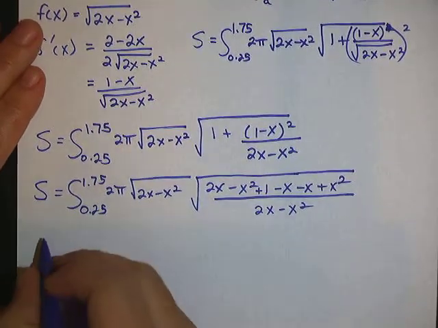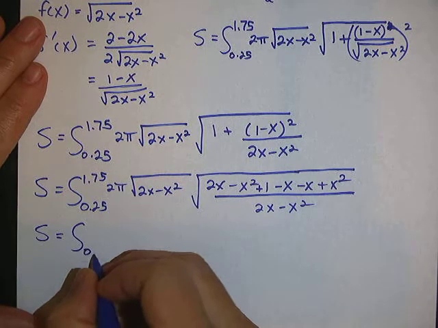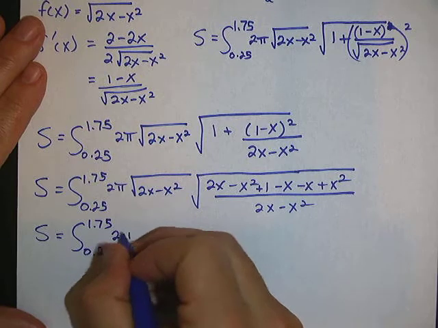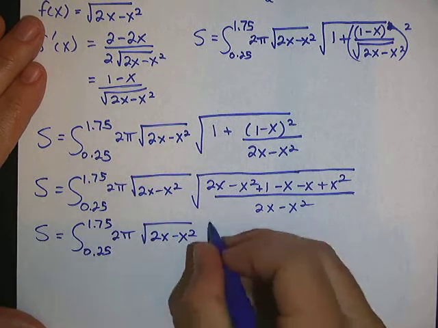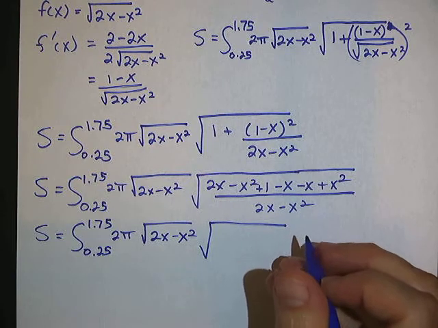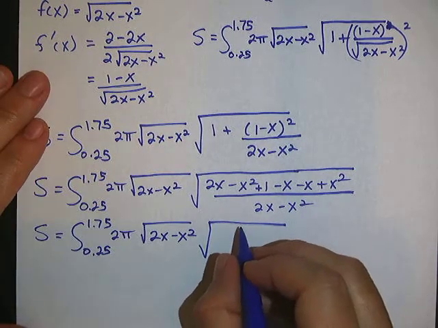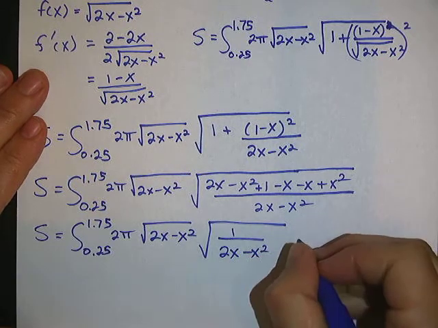Okay, so I'll write that in my next step. S is equal to the square root of 1 over 2x minus x squared dx.